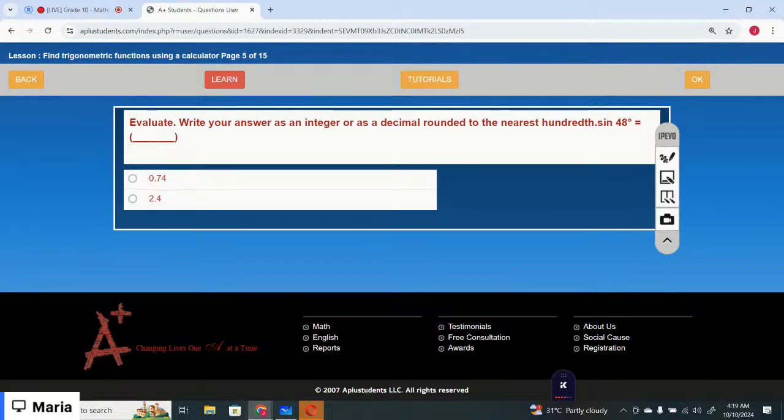Evaluate sine 48. That is sine 48. Sine 48 is 0.74. Option number 1 is the correct option.